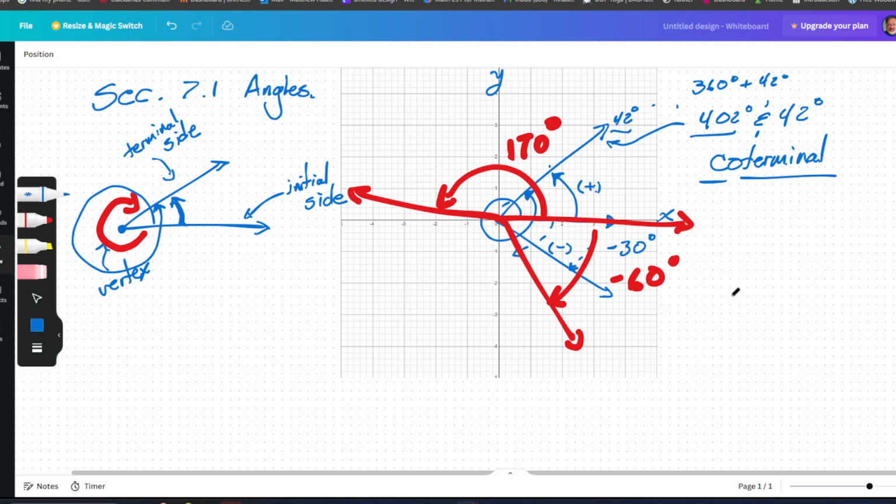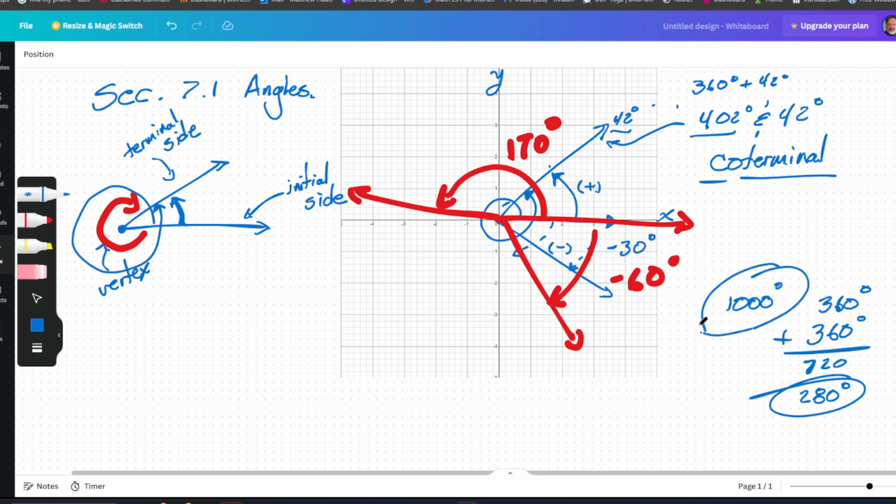So if we had, say, it could even be somebody wants to draw a 1,000 degree angle. Well, we know 360 degrees is one full rotation, so two of those would be 720, so it's going to take a little more than two, so it's 2 and another 280 degrees. So it would be coterminal to 280 degrees. 1,000 degrees and 280 degrees are coterminal.